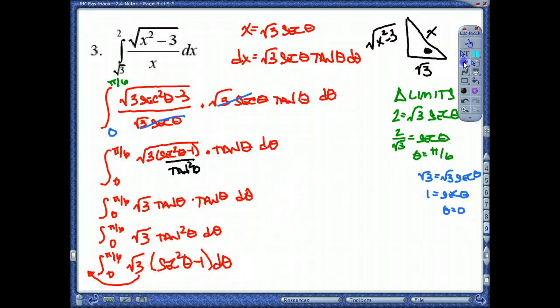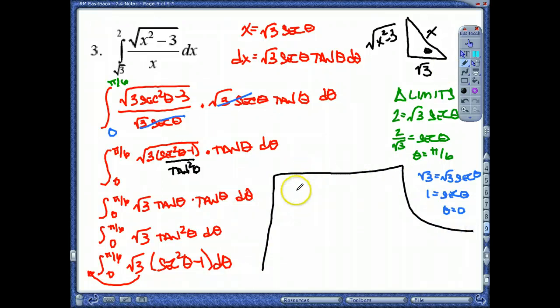Let's see where I can go here. I so apologize for the mess. So I've got the square root of 3 times the integral from 0 to pi over 6 of secant squared theta minus 1 d theta.